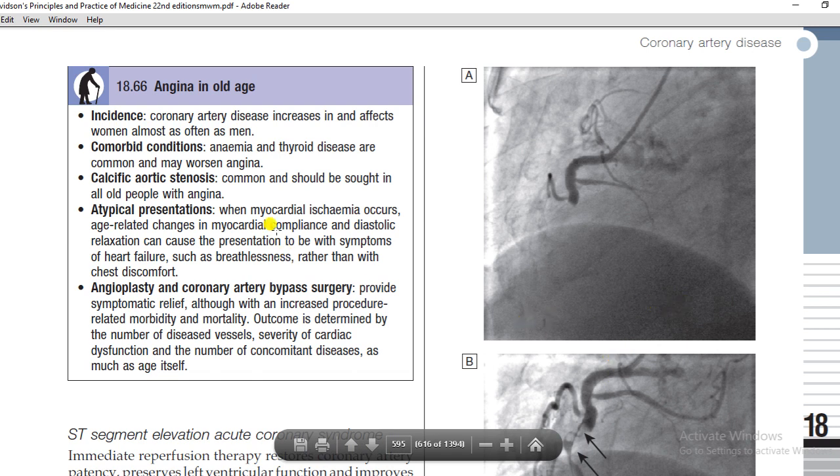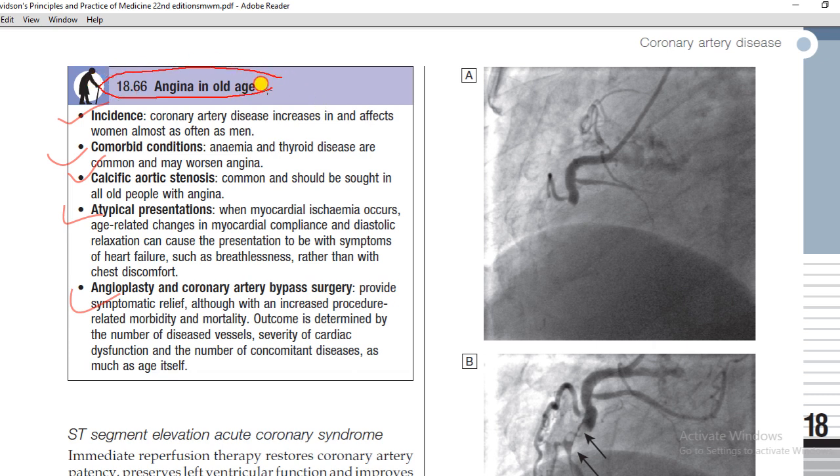Angina in old age. Incidence: coronary artery disease increases in old age and affects women almost as often as men.